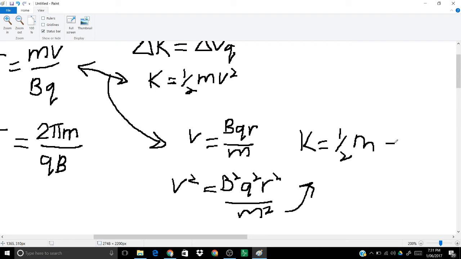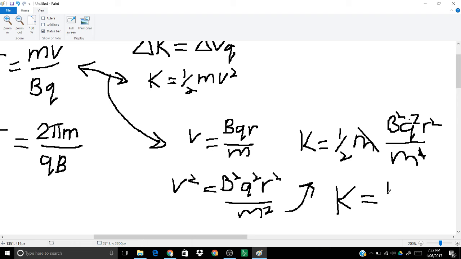So then, draw a line: B squared Q squared R squared on M squared. Now you can cancel that with that. And then finally, this is the last derivation for this unit of work.